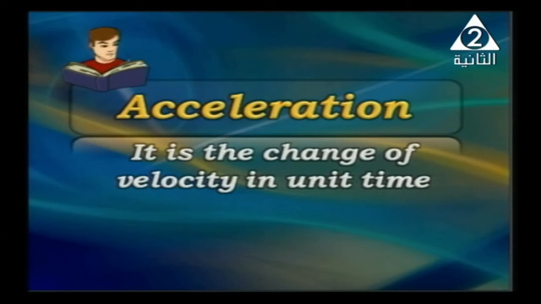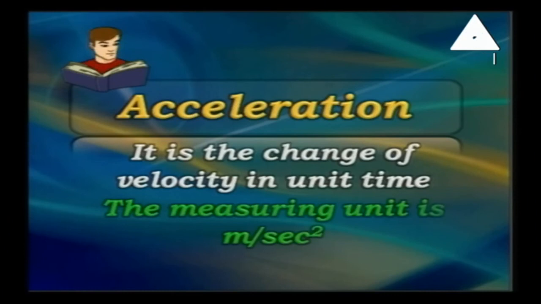It's the change of velocity in unit time. It means I increase or decrease the velocity or speed in unit time, in 1 second, in 2 seconds, in 1 hour, in 1 minute, in any one of them. So the measuring unit of acceleration is meter per second squared.